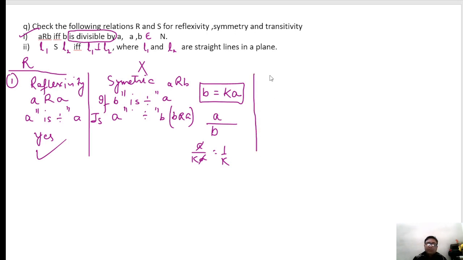Next, come to the transitive part. First we will try this A R B. B is divisible by A, therefore B equals AK, right?